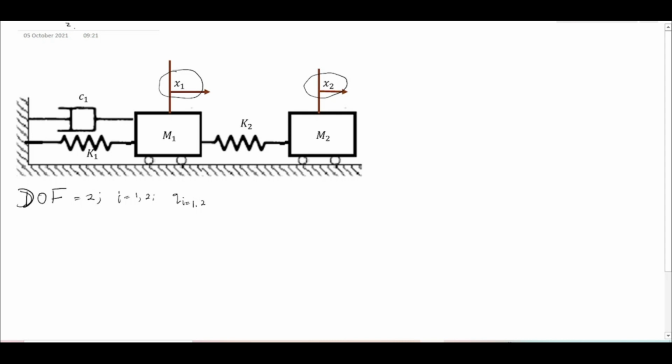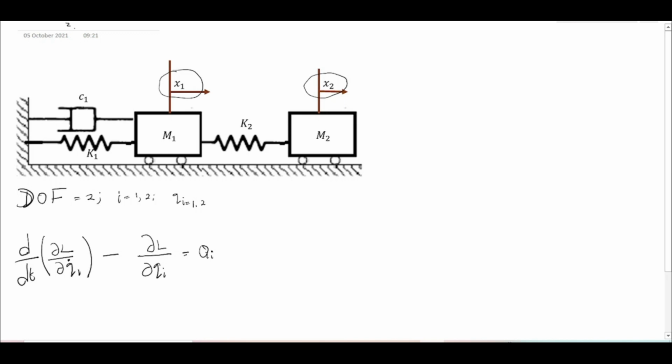Then the next thing is our Lagrange formulation, which we are supposed to use to solve this problem. By our Lagrange formulation, we have d/dt of (∂L/∂q_i dot) minus ∂L/∂q_i is equal to the generalized force, capital Q_i.